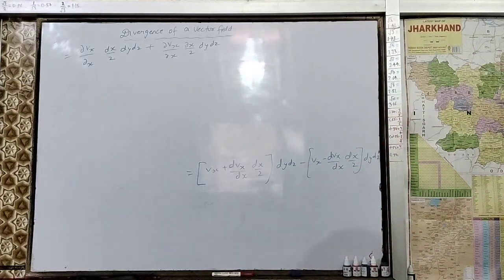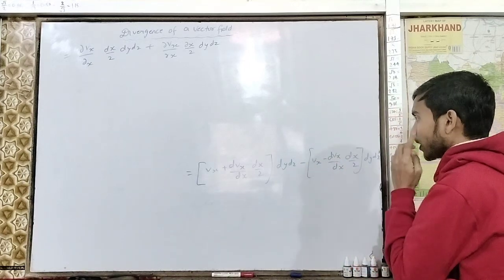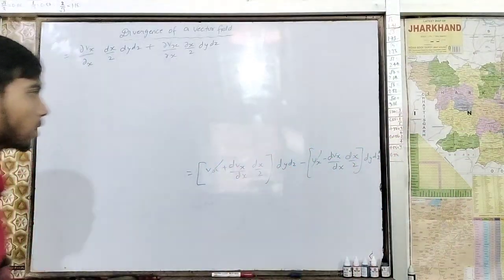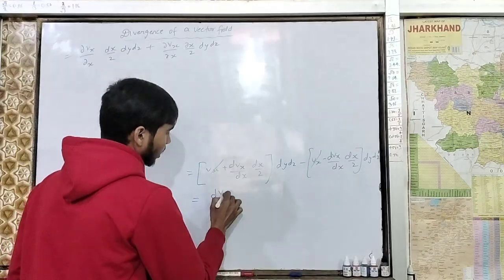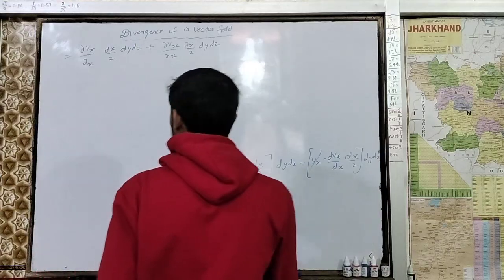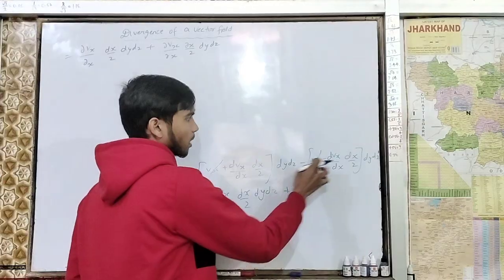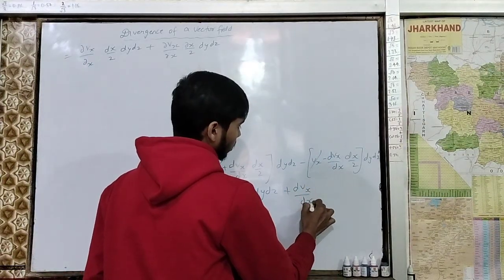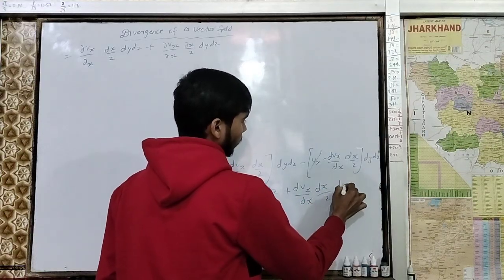But this Vx will become negative and this minus dvx upon dx will become positive. So this Vx will cancel each other. Okay. So finally we have dvx upon dx, dx upon 2, into dy dz, positive. This minus positive. So dvx upon dx upon 2 and dy dz.